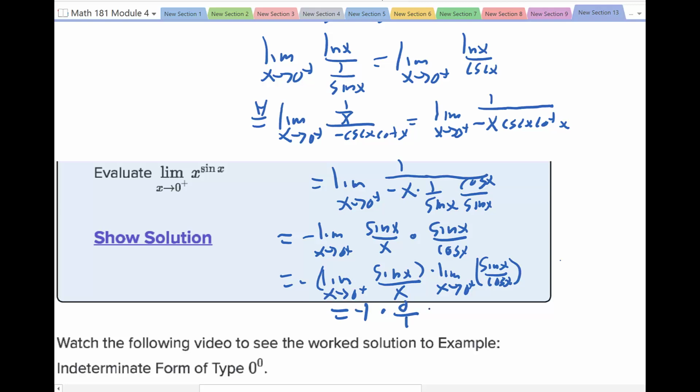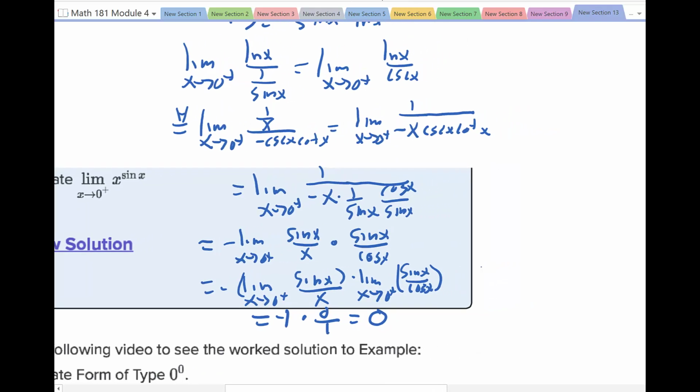I've got a negative out there somewhere, but that's irrelevant because it's just 0 in the end. But again, we're not finished yet, because that's saying that the limit as x goes to 0 from the right side of the natural log of y equals 0.